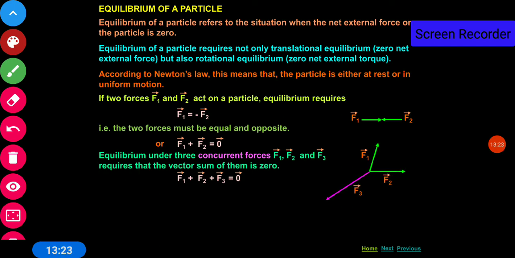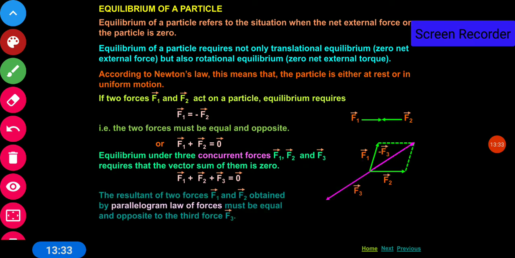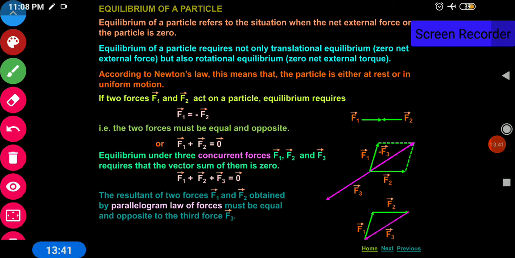Let us see through the figure that three forces are acting. The resultant of the two forces F1 and F2 obtained by the parallelogram law of forces must be equal and opposite to the third force F3.